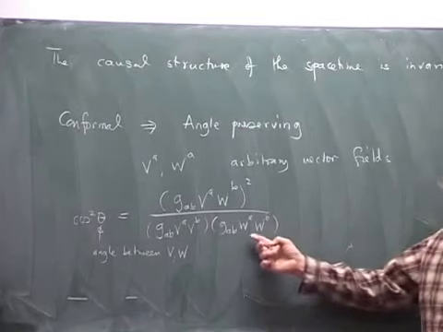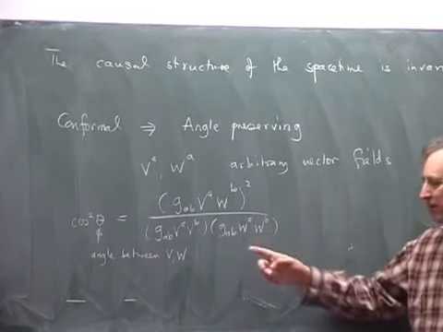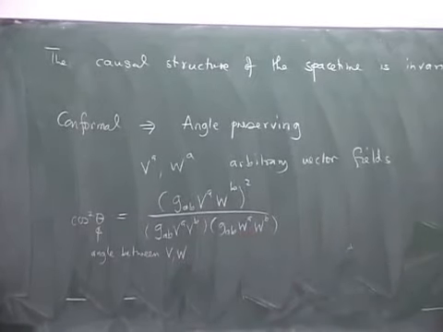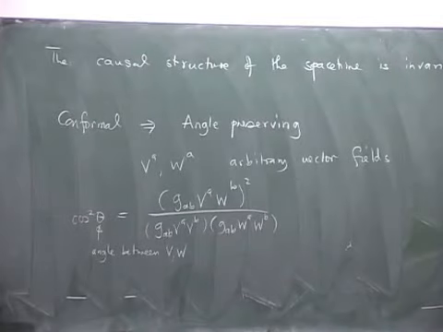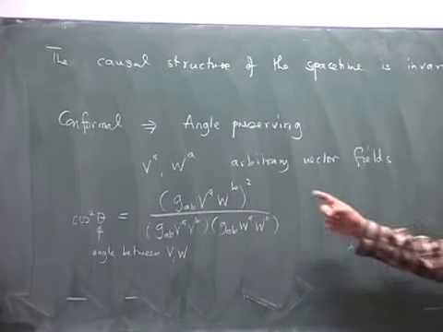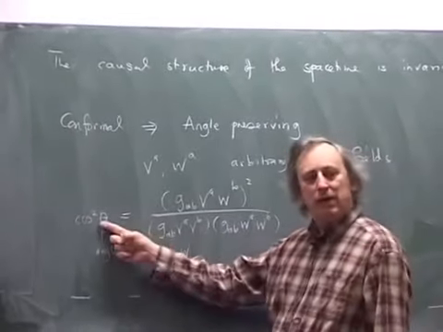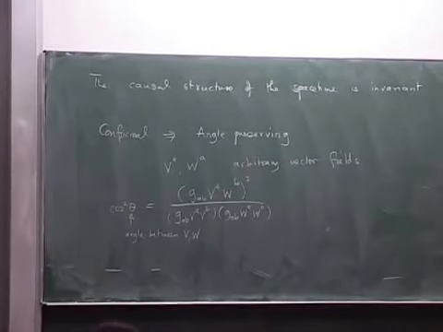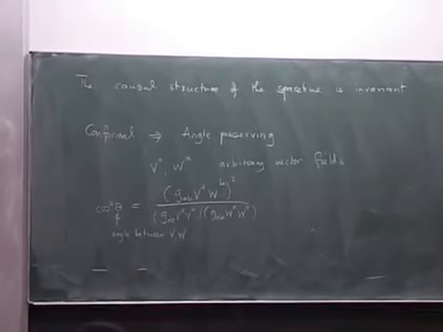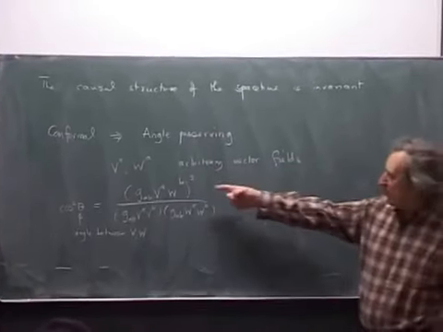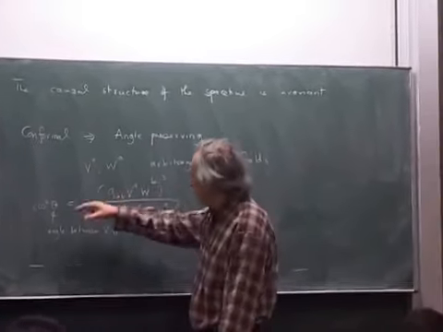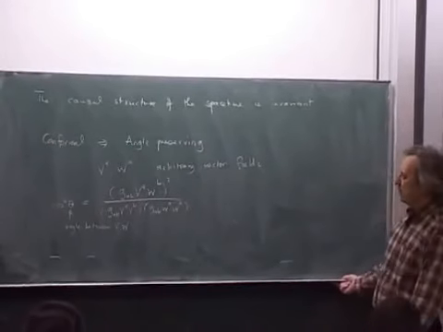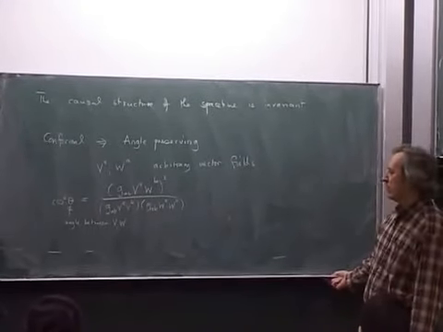This, of course, doesn't work if v or w is null. This expression here will give you a slight problem. Notice that if v and w are spacelike, then this thing will be real, and theta will be real, and positive. If, however, v and w are both timelike, this thing will be negative, and so theta will be imaginary. Actually, with my definition, that's not true. This will always work.